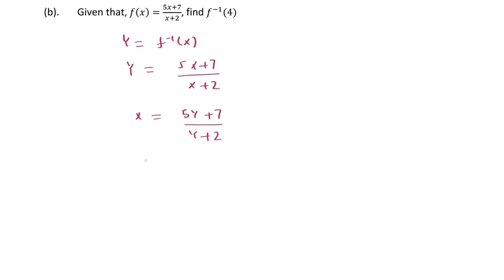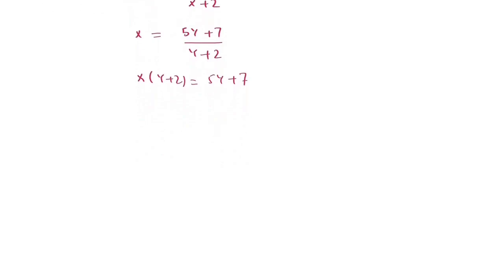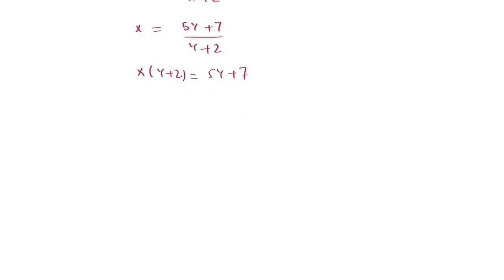Now let us cross multiply this equation. Then we have x in brackets y plus 2 equals 5y plus 7. Next we are going to expand our left hand side. Then our equation is going to be xy plus 2x equals 5y plus 7.